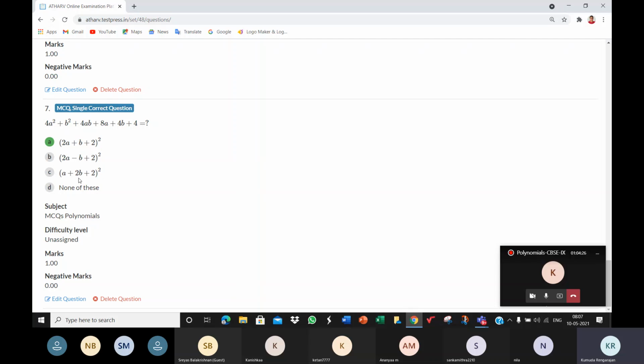Again the second term, when you square, you will get 4b squared, but it's only b squared, so C cannot be the correct option. B also cannot be the correct option because it's minus here, but all the terms are positive. So it should be this or this. When there is none of these, we'll have to be careful, so you can just expand it and see if you're getting these terms.